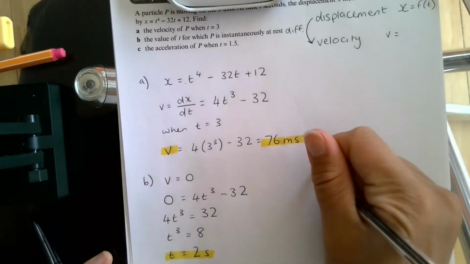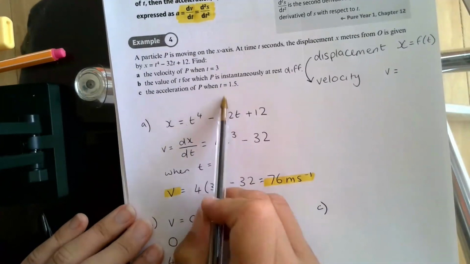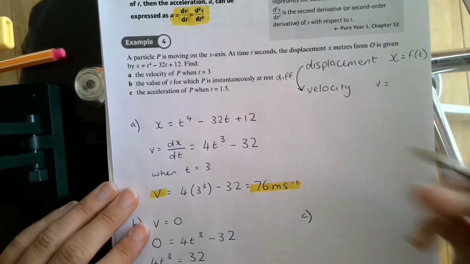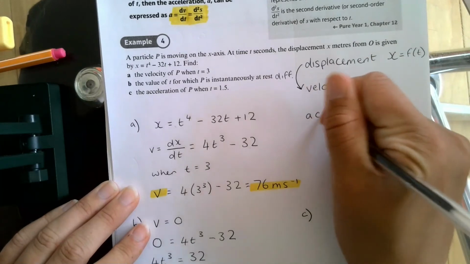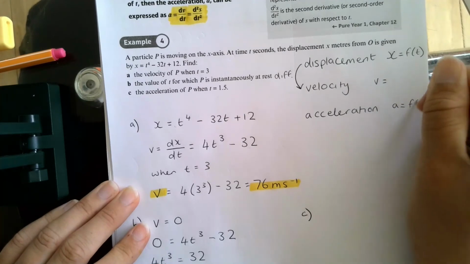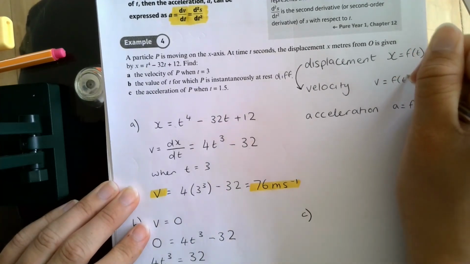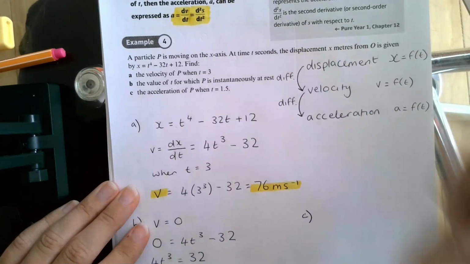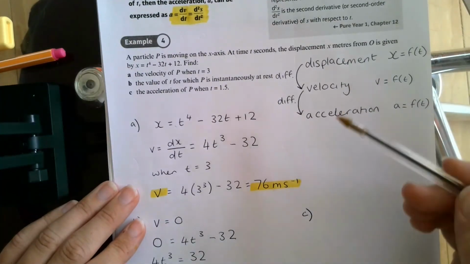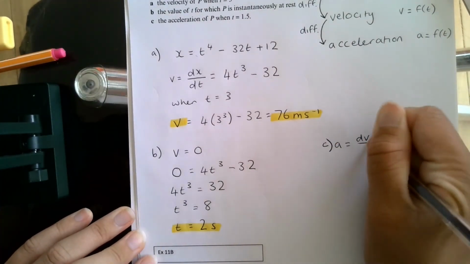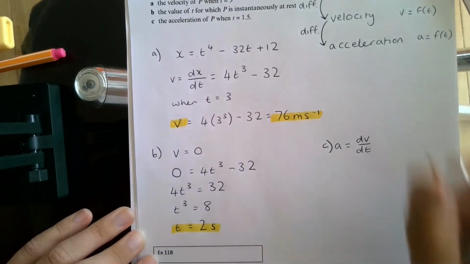And then finally part C asks for the acceleration of P at 1.5 seconds. We haven't got the acceleration yet, but we know how to get it because we've got the velocity now. To go from velocity to acceleration, I'm differentiating. Acceleration is the derivative of velocity with respect to time.